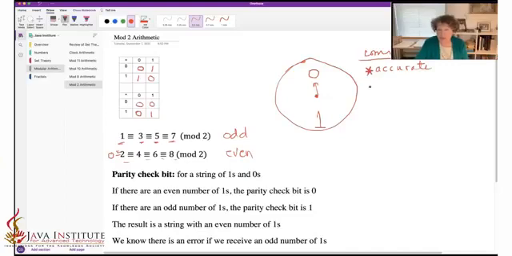Okay. The other thing about communication is you want it to be secure, especially if you're a bank, or if you're buying something online and you're giving them your credit card number. You don't want somebody else to be reading that and saying, oh, here's a nice credit card number, I can buy all the stuff I want online.